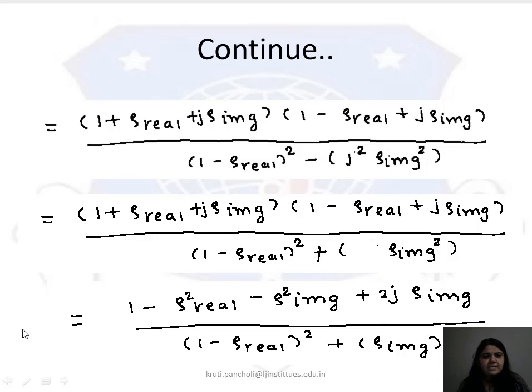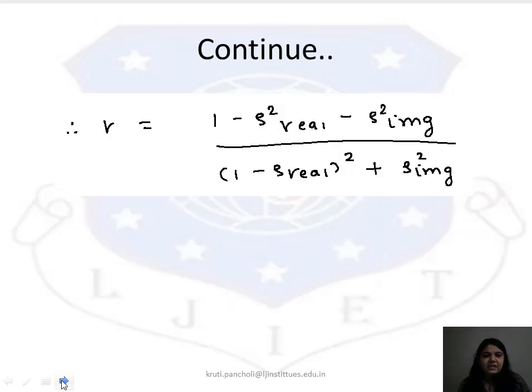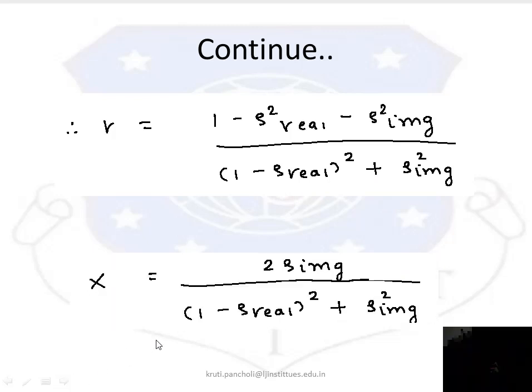So by comparing with R plus jX, R is the real value and the j value is the imaginary part. It gives me R is equal to 1 minus rho real square minus rho imaginary square, upon 1 minus rho real square plus rho imaginary square, and my X is equal to 2 rho imaginary upon 1 minus rho real square plus rho imaginary square.